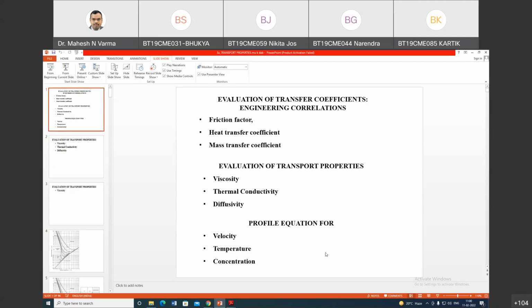You should cover all the aspects at least for laminar flow, simpler problems and simpler situations, where partial differential equations are not involved. Steady state, laminar flow, that kind of thing you should be able to do. This is what is covered in this basic transport phenomena.